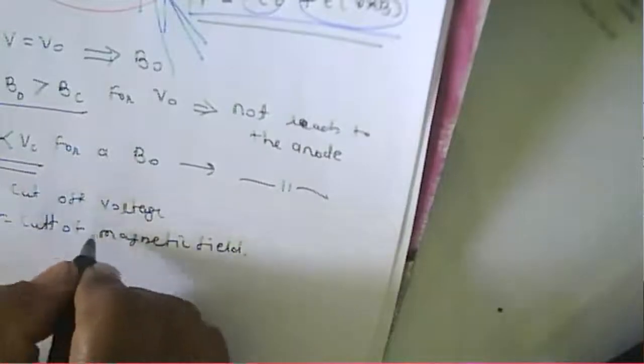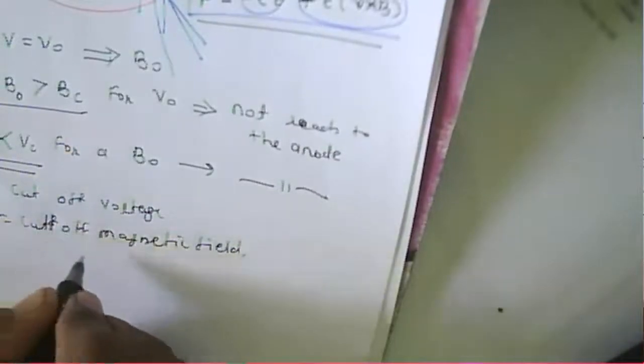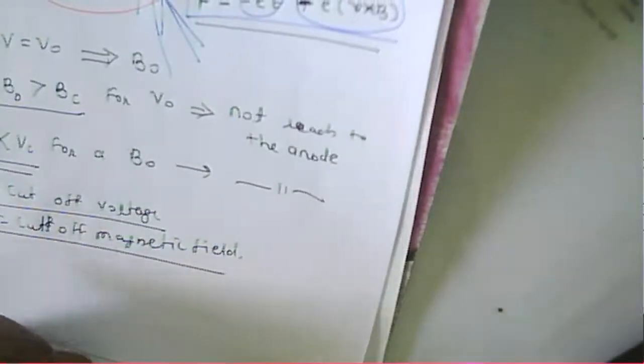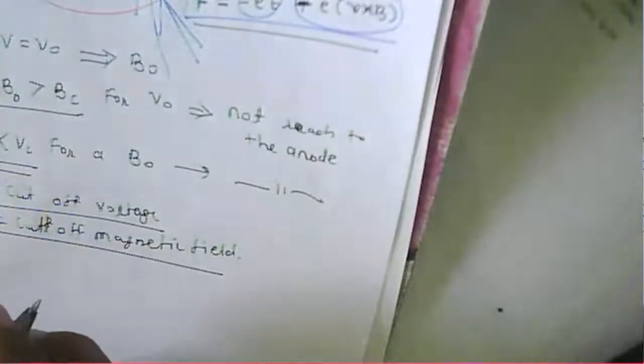This cutoff voltage and cutoff magnetic field we can call the Hull cutoff magnetic field and Hull cutoff voltage.